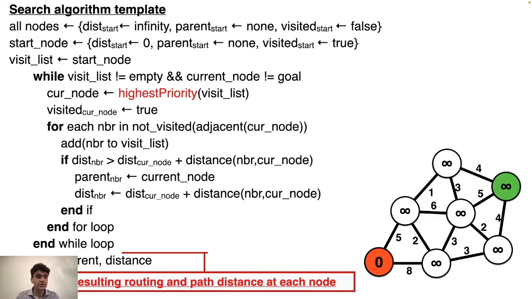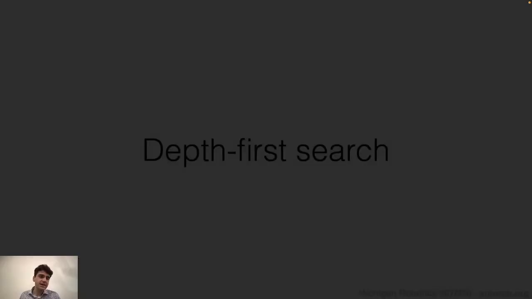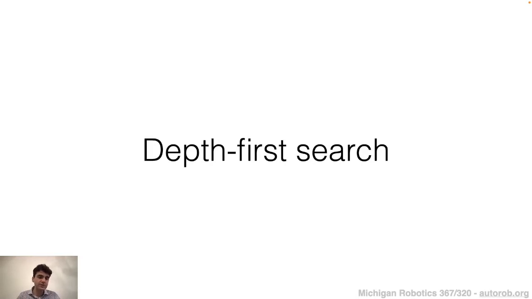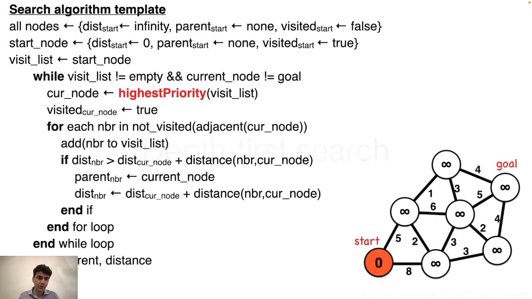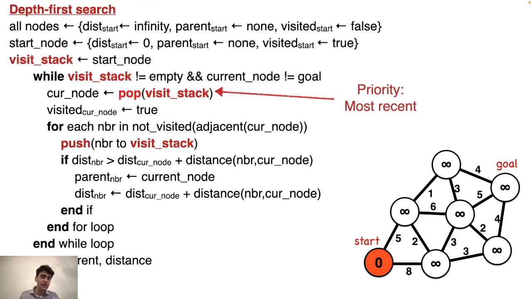So given this initial search algorithm template, let's now look at what we would have to change within this template to express the depth first search algorithm specifically. If we go back to our search template, now let's highlight the portions of this template that we could change to specifically implement depth first search. Highlighted here on this slide are the key changes we would make to implement depth first search.